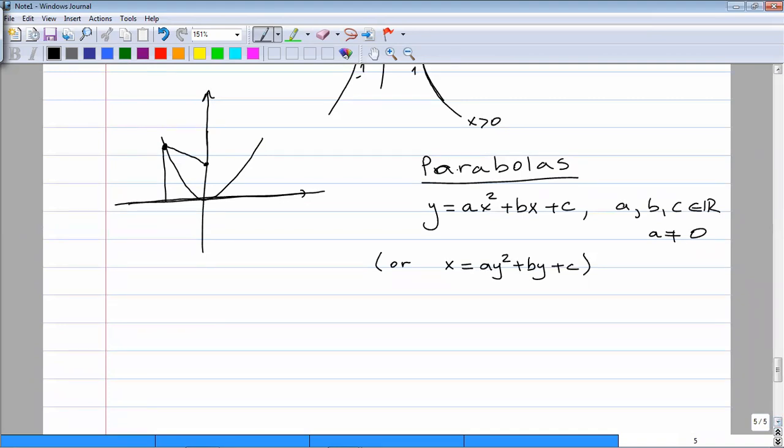Okay, so the parabola has this kind of shape. There is a point here that we are going to call the vertex. To find the vertex of the parabola, basically we start with the basic parabola, y equals x squared.